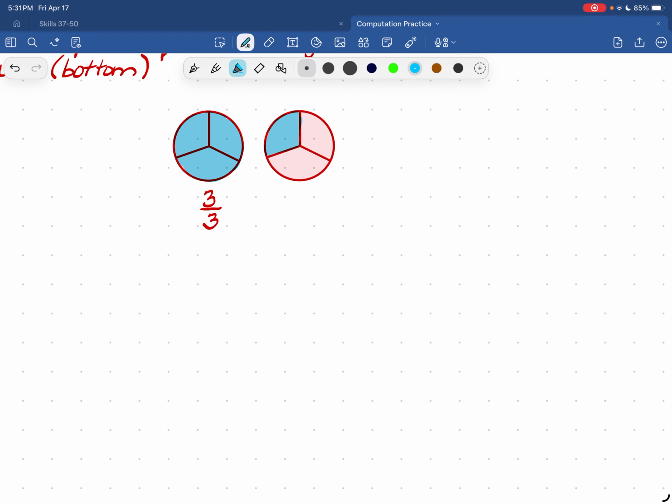Okay, so there's another third. That's 4/3 in total. And then here is 5/3 in total, because we have 3/3 in the first one and then we have 2/3 in the second one. So this is a total of 5/3 shaded.